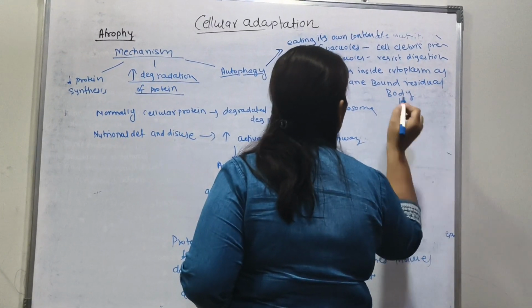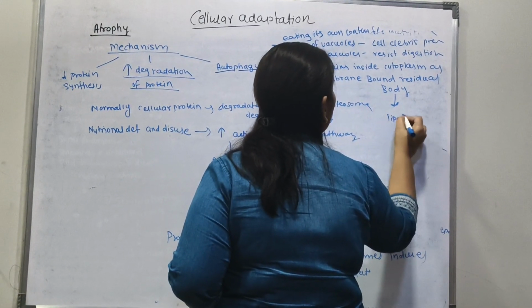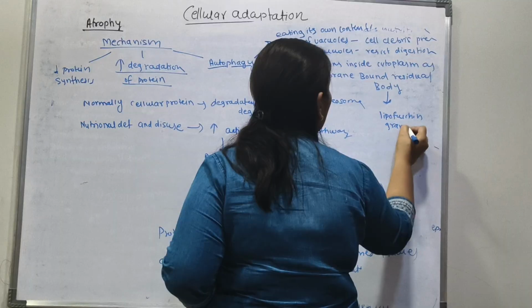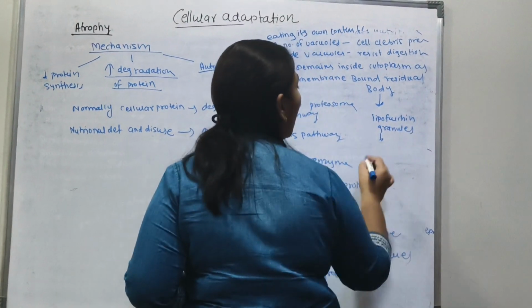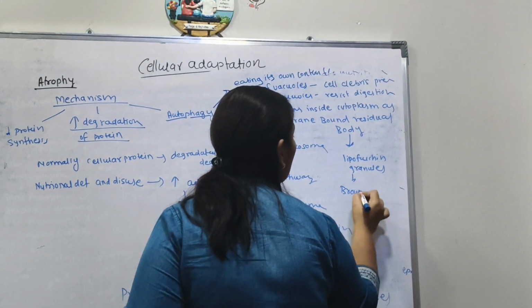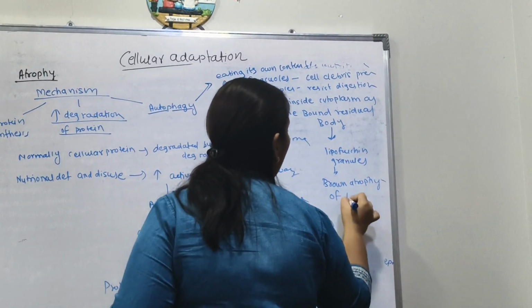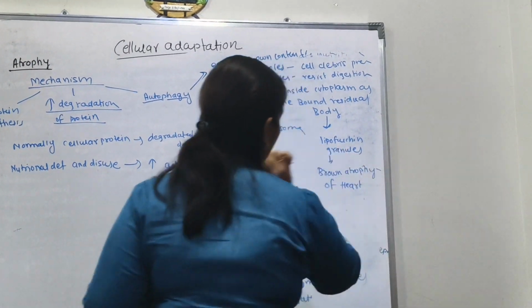One most important example is lipofuscin granules. It gets accumulated in the heart and that leads to brown atrophy of the heart.